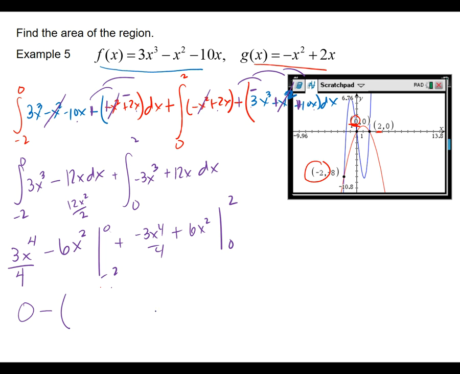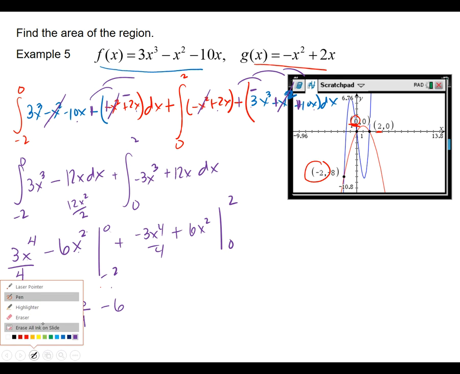Okay? Alright, negative 2 to the fourth. 16. 16 times 3 is 48. And it's going to be positive 48 over 4. Okay. We'll see if we can reduce it; let me do the other one first. Okay. All right. What's negative 2 squared? 4 times 6 is 24.